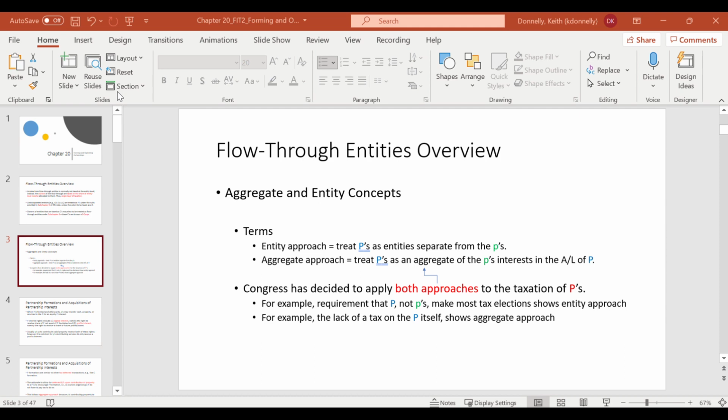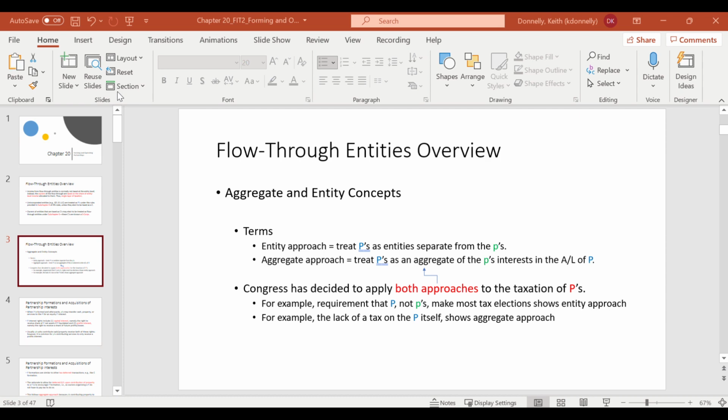Well, the entity approach treats the partnership itself as a separate entity from its owners, from the partners. So, for example, the partnership itself as an entity is going to make certain tax elections, like what's going to be our tax year end, things like that on the tax return.